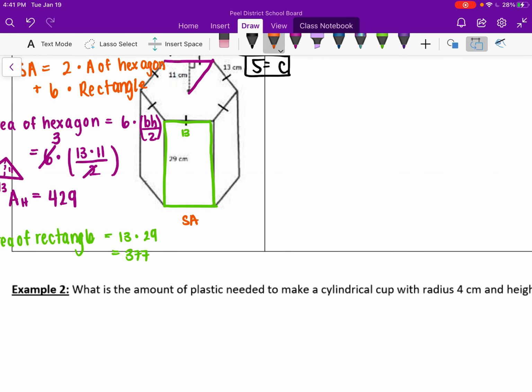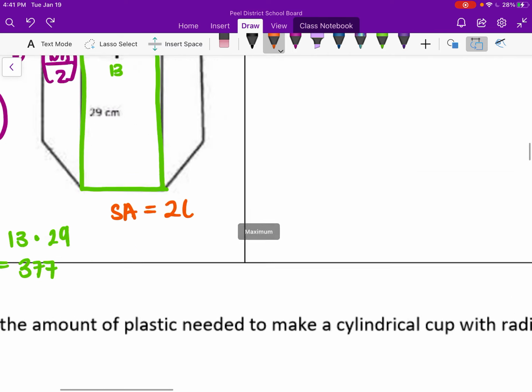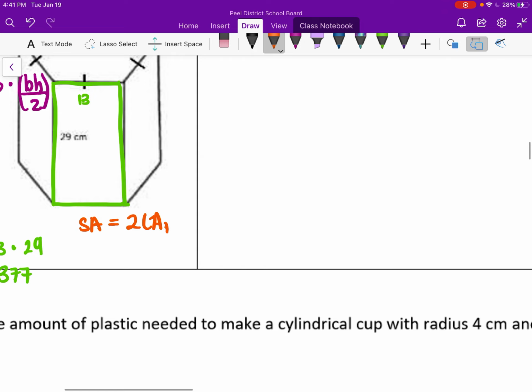Now the surface area is equal to 2 times the area of the hexagon, plus 6 times the area of the rectangle.